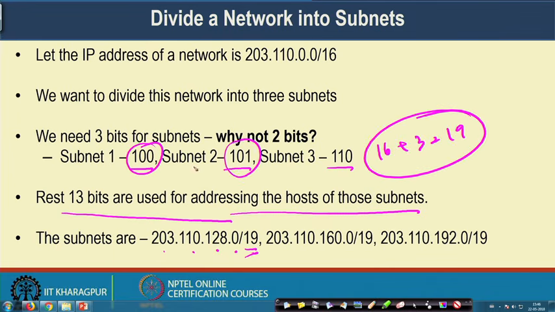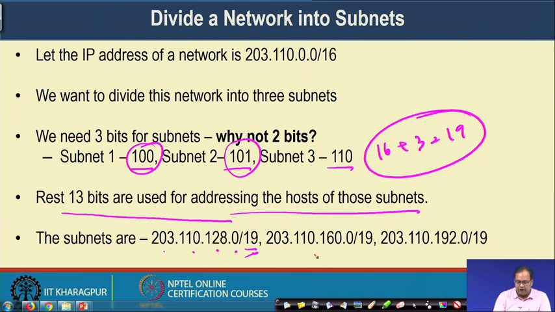If you are using 101, the second subnet in dotted decimal format becomes 203.110.160.0/19, that is 101 followed by all zeros. If you are taking 110, it becomes 203.110.192.0/19, that is 110 followed by all zeros, with a decimal equivalent of 192. So, that way you can create 3 different subnets out of the network IP that is given to you.